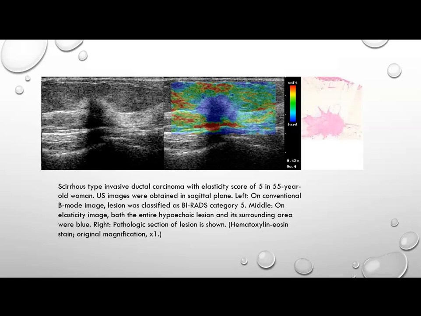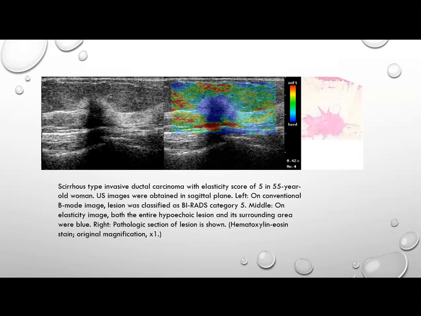So two very bad signs for breast tissue. So we applied elastography, and we can see that in this case the hard parts are denoted as blue and the soft as red, and this tumor is very much blue, which means it is very much hard.